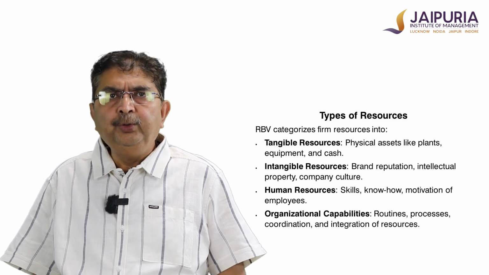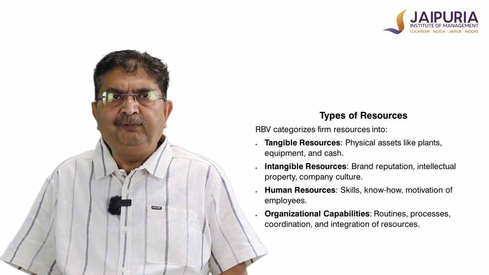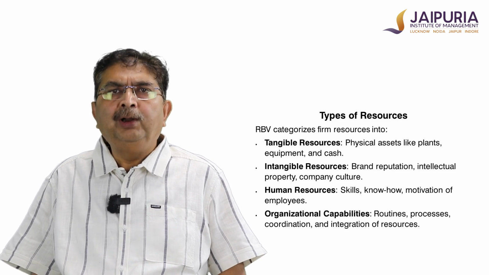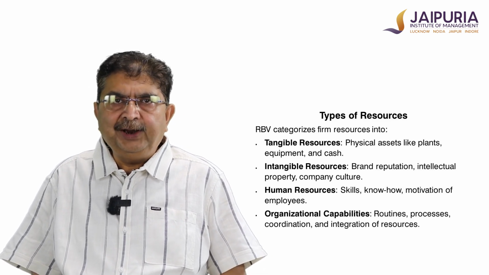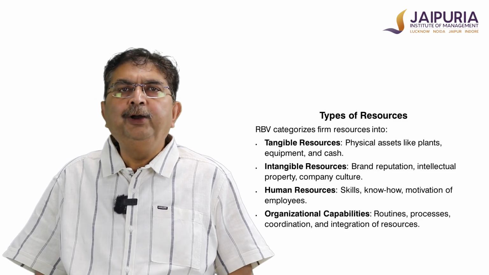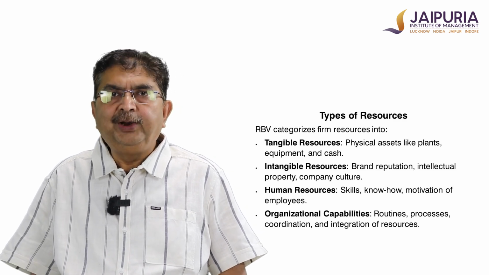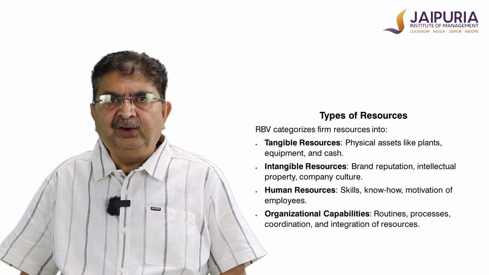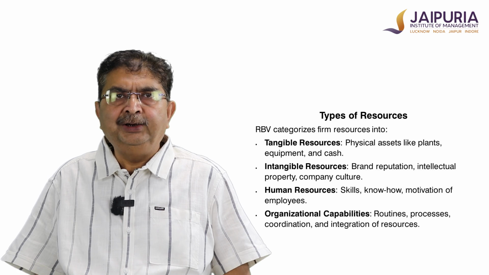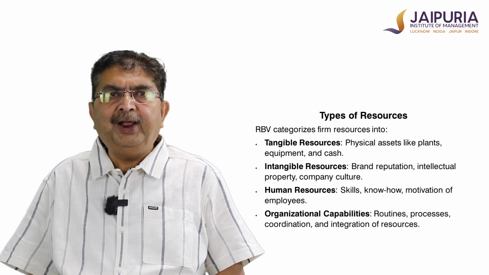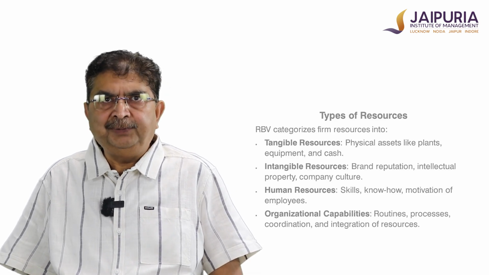Then the third is human resources that may comprise the skills, the know-how, the motivation of the employees. And the fourth are organizational capabilities like the kind of routines that are followed in the organization, the kind of processes, the kind of coordination that exists in the organization, and how the resources are integrated into the organization.